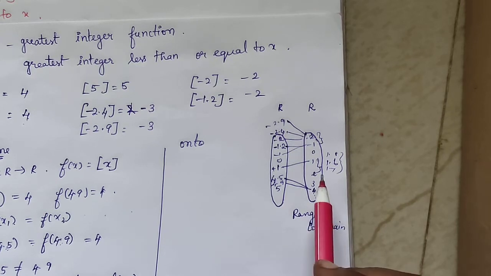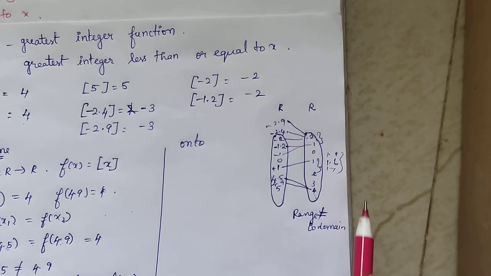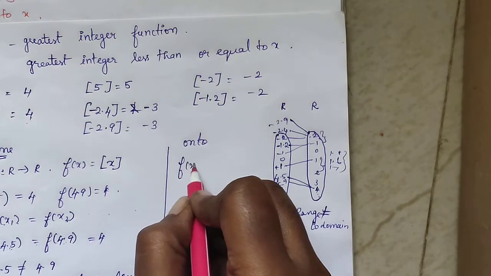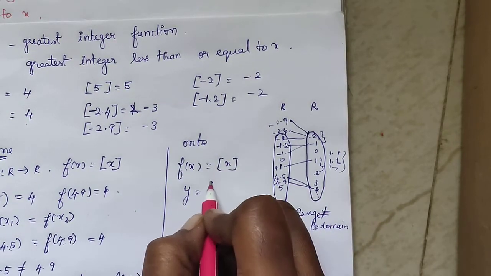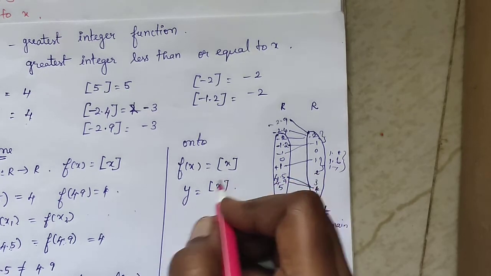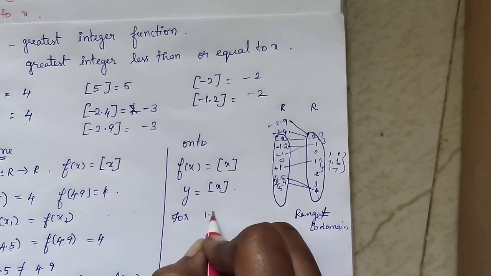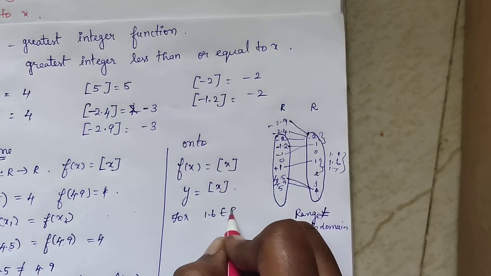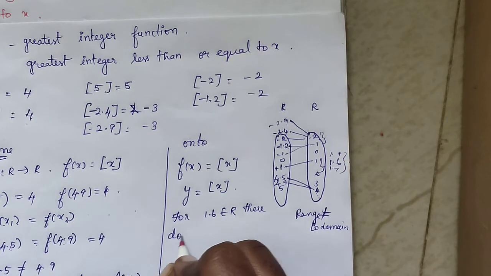We will take only one example and prove that this is not involved in the mapping. Therefore it is not an onto function. Given f of x is equal to floor of x. Now let us take the same number, 1.6, that belongs to R only.